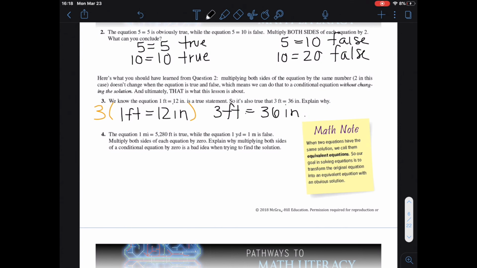So by multiplying both sides by the same number, it still results in a true statement. So multiplying by 3 on both sides won't change the truth value.